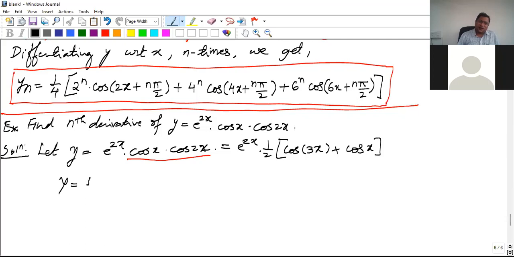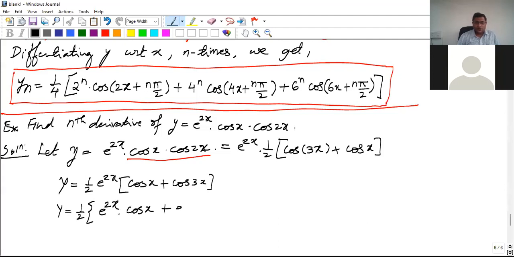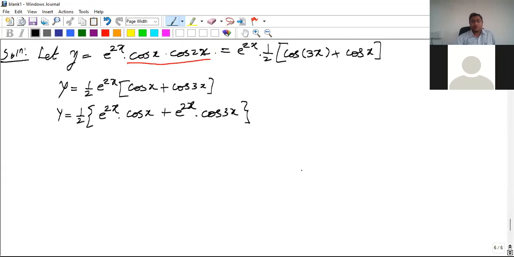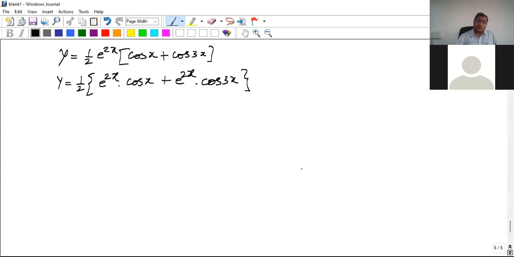So we have y is equal to half of e raised to 2x into cos x plus cos of 3x. So can we write this as y is equal to half of e raised to 2x into cos x plus e raised to 2x into cos of 3x? Can we write it like this? Yes, sir. Okay, good.